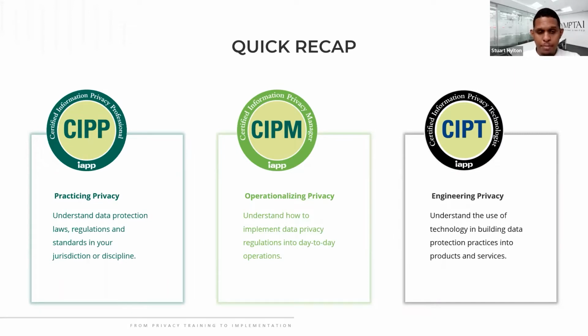So a quick recap. If you've done any of these trainings and certifications, then you know what they are. But for anybody who hasn't done one or two of them already, here you go. The Certified Information Privacy Professional, the CIPP, is really the legal aspects of data privacy and protection. This certification covers understanding privacy law.